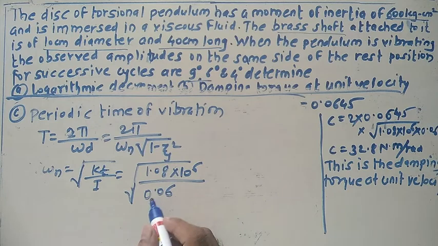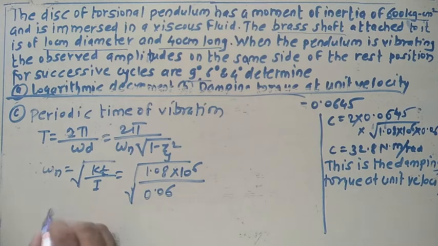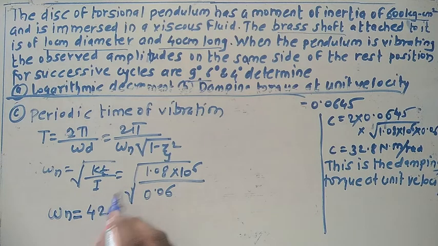After calculation we get omega n equals 4240 radian per second.